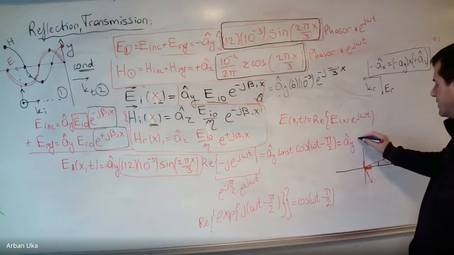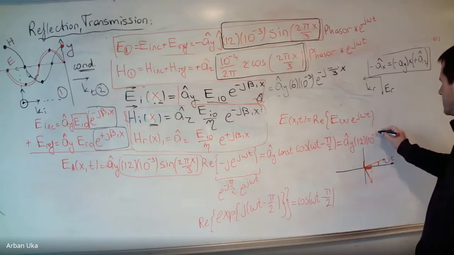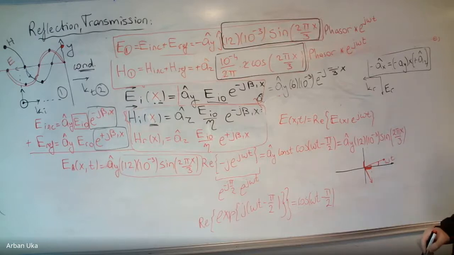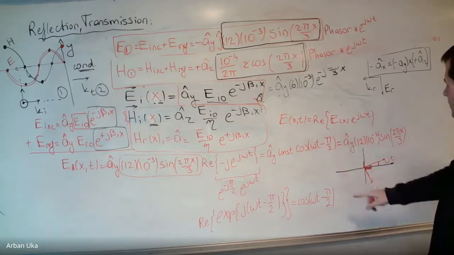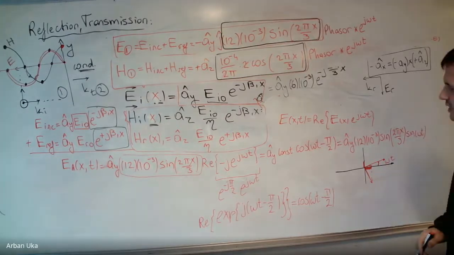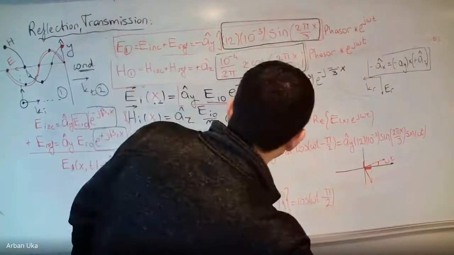So here we have 12 times 10 to the power minus 3 sine 2 pi x over 3. Then we have sine omega t, right? Okay, this is the complete expression of the electric field in medium 1.